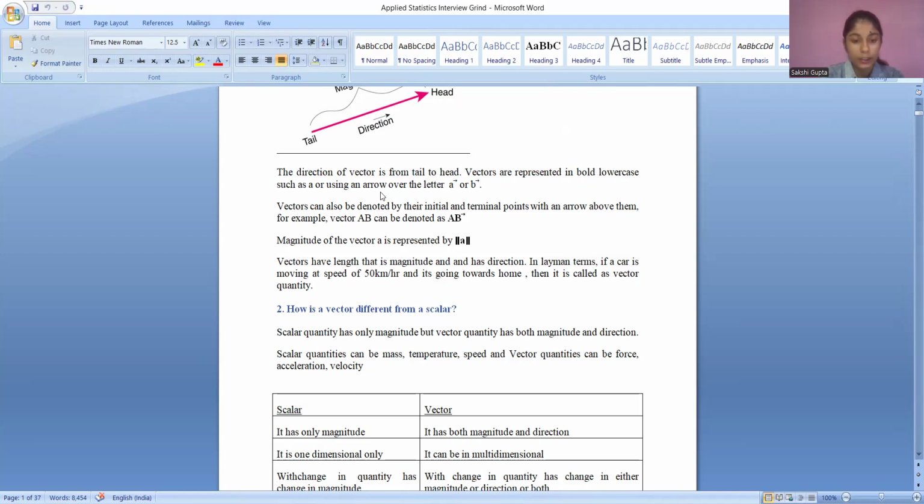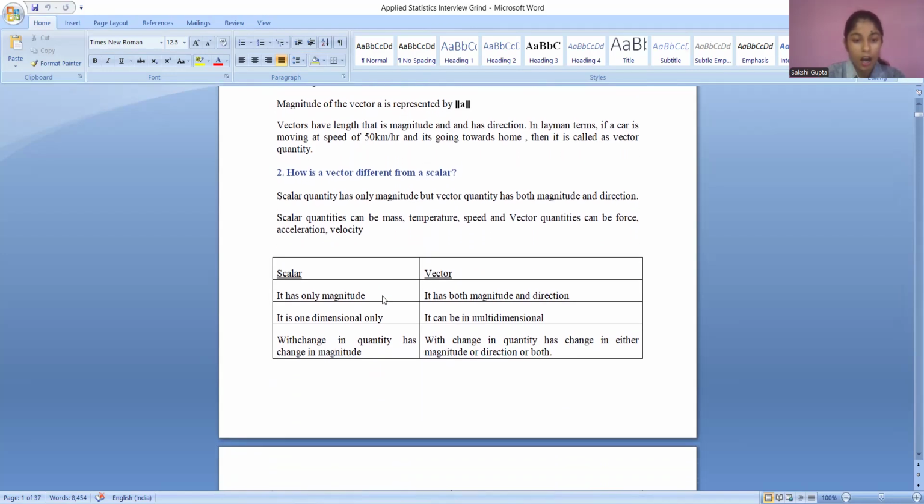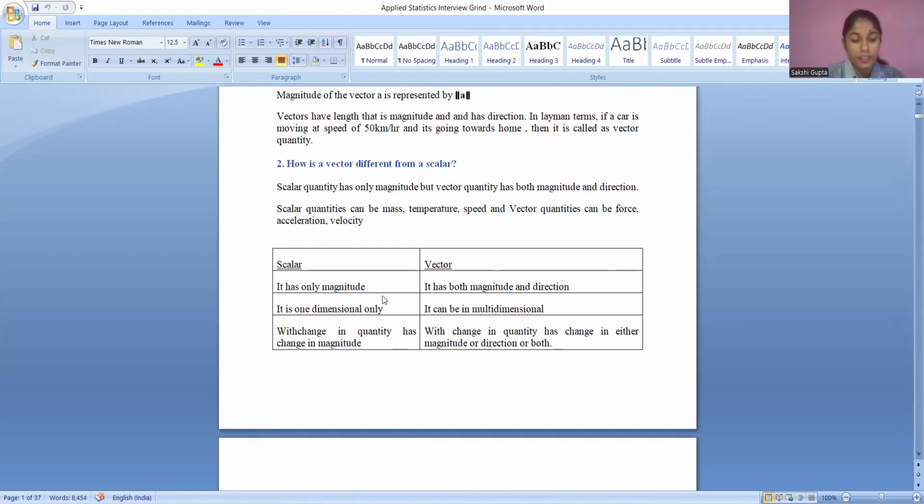Now moving to the next question, that is, how does a vector differ from a scalar? A scalar quantity has only magnitude, but a vector quantity has both magnitude and direction. A scalar quantity can be mass, temperature, speed, but a vector quantity can be force, acceleration, velocity.